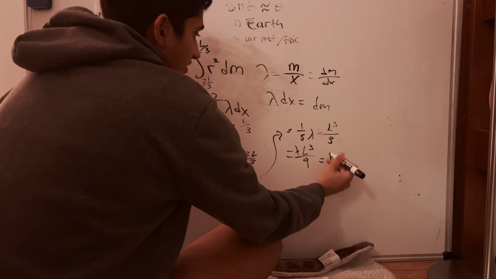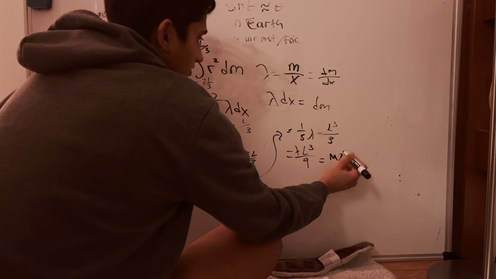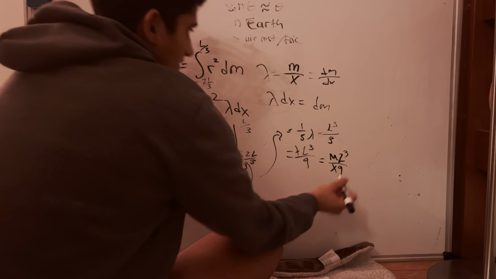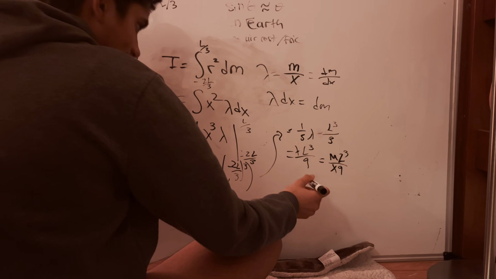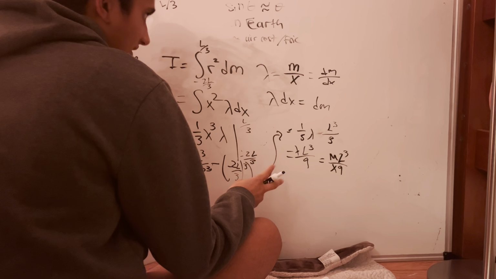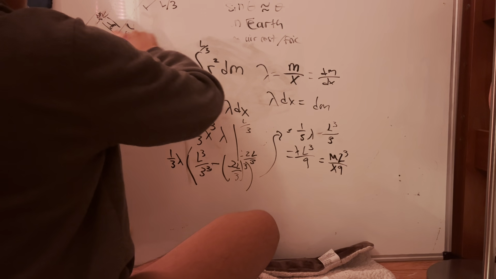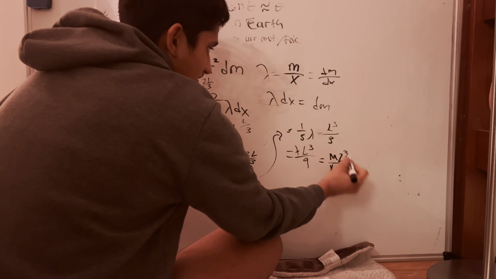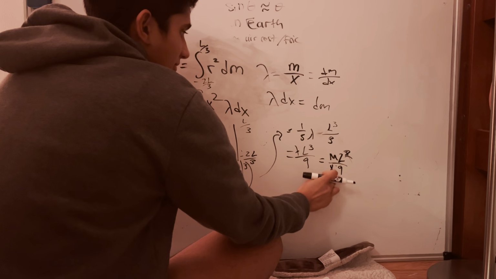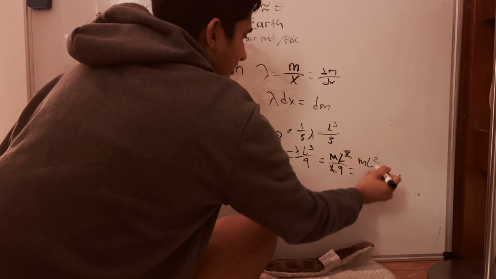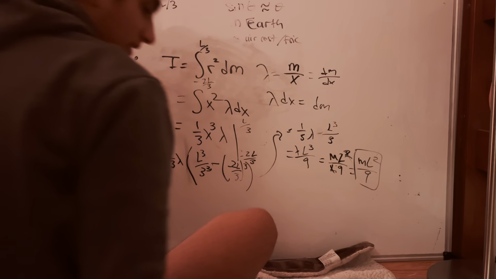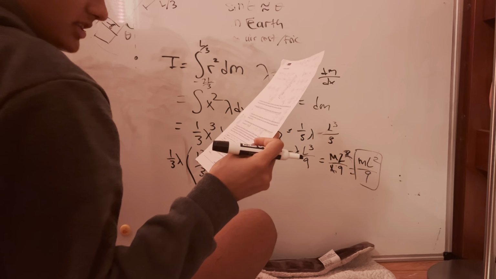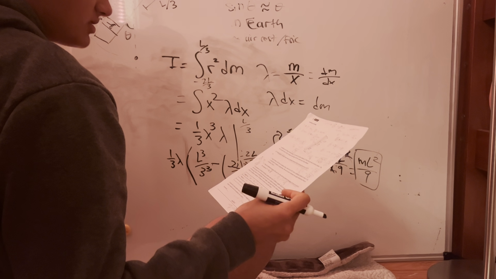So this is going to be m L cubed over x over 9, and then x is just our length because it's the total mass over the total length, so we can replace this with L, and the L's cancel, this becomes a 2, and then we're just left with mL squared over 9, and that's exactly what we wanted to prove. The moment of inertia is equal to mL squared over 9.